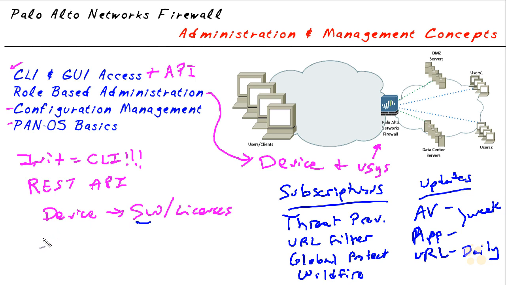When I start out, by the way, admin is the username, and admin is also the password. So admin is going to get me going on here. That's where I'll start in order to get in and begin to set things up, which is really going to lead me into my role-based administration. Okay? Because that's the next thing I'll be thinking about in terms of what does this all mean to me and what am I going to do with it.